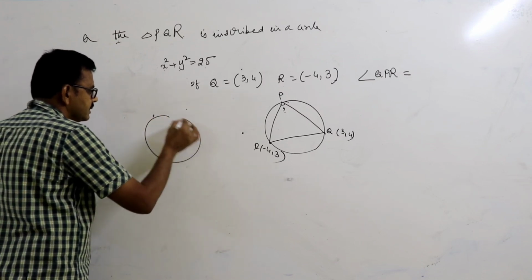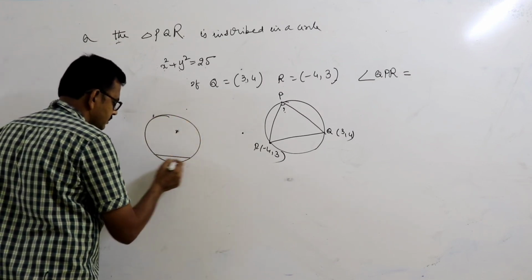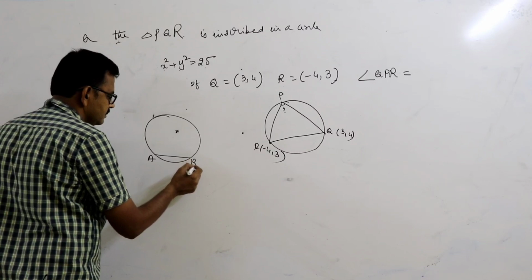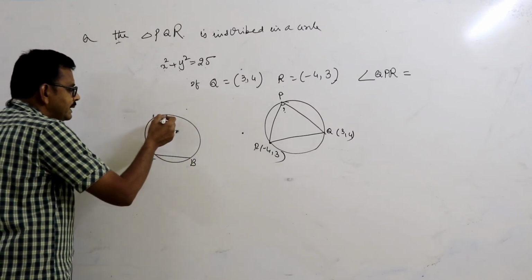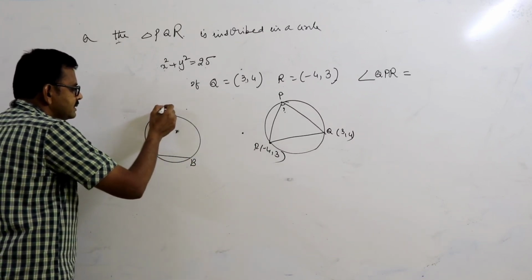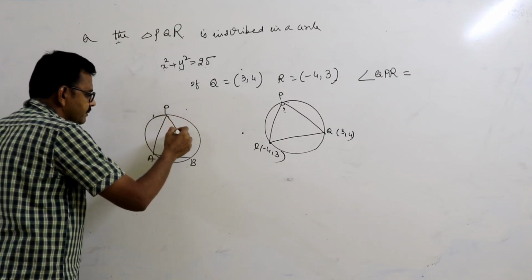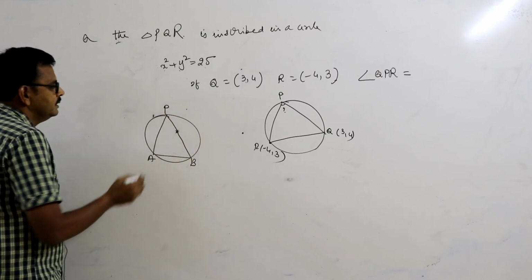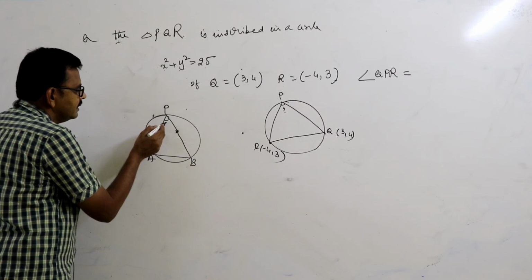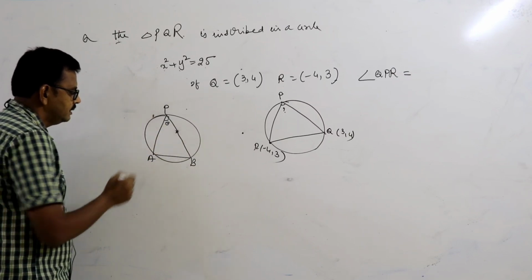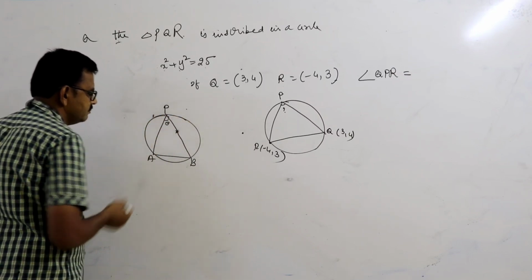Any chord of the circle. Suppose this is the chord AB. P is a point on the circumference of the circle. This makes an angle theta at the major segment of the circle.